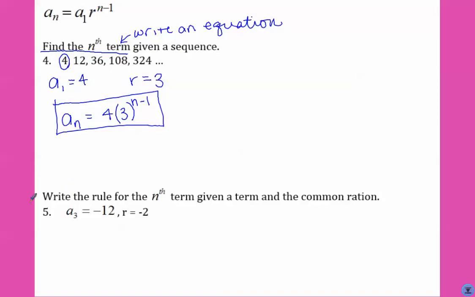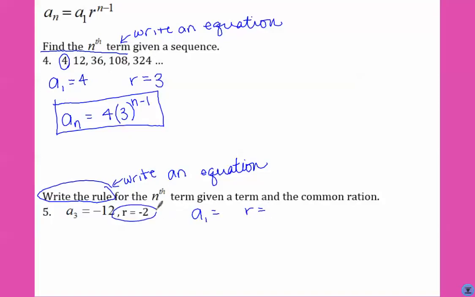All right, so number 5, write the rule. Again, write the rule means write an equation. So, same two things we need to know: the first term and the common ratio. We've got the common ratio. We just don't know what the first term is.